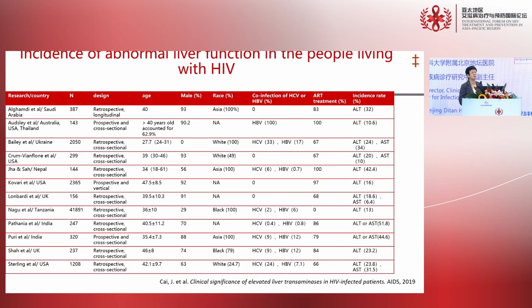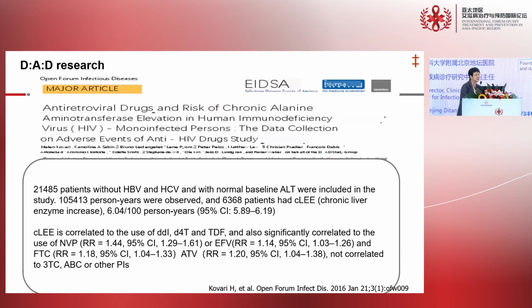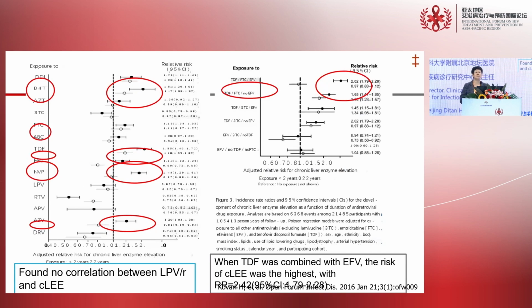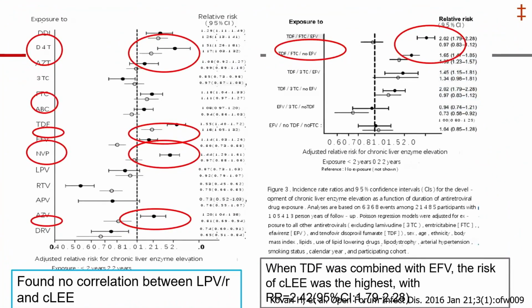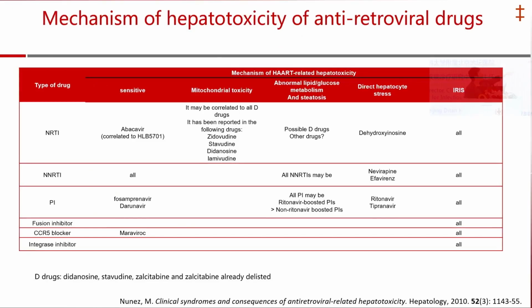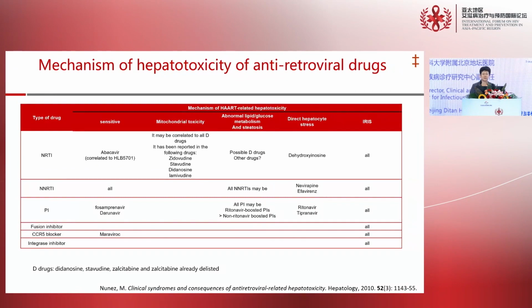So have a look at the liver damage. This is the incidence of liver impairment. You can see that the incidence of liver impairment is higher than 10%, 10% to 30%. Also, this DAD study indicated that the combination of efavirenz plus TDF and FTC has a very high incidence of liver toxicity.